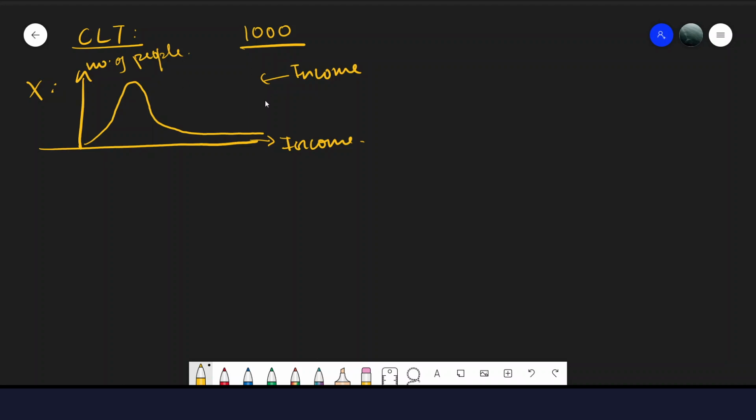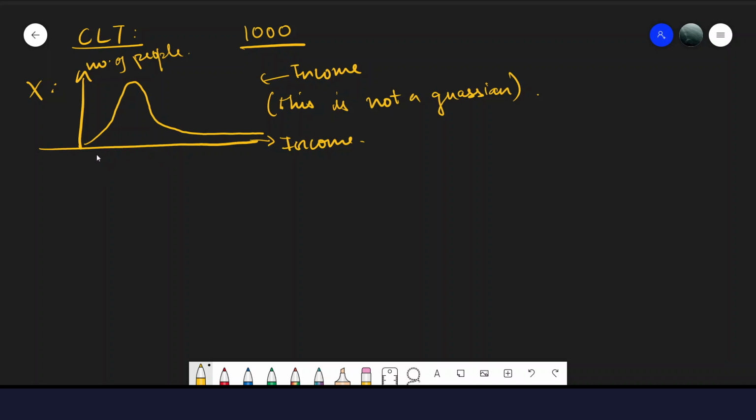But the important thing to note here is that this is not a Gaussian distribution. So this is the distribution that I have.